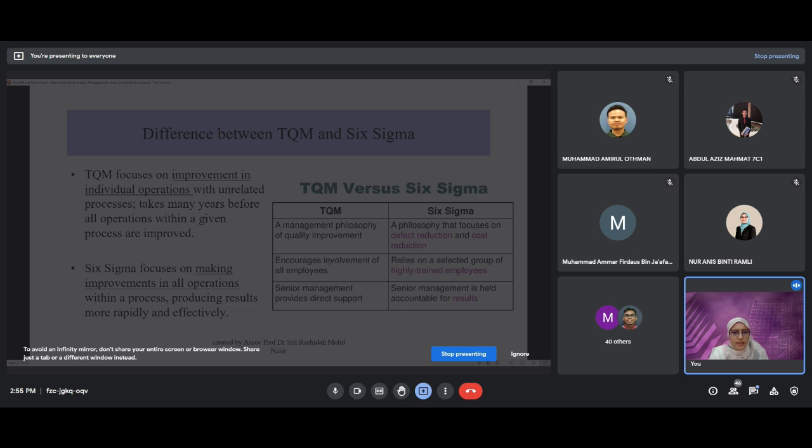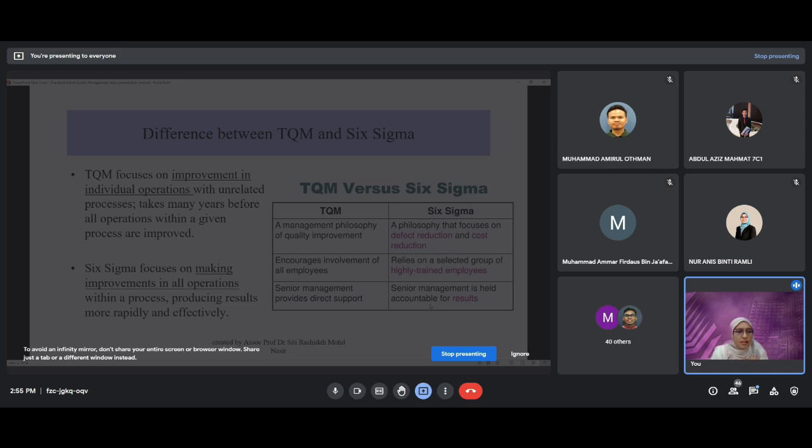Total quality management encourages involvement of all employees, but Six Sigma is only for selected groups of highly trained employees, not everyone involved. In total quality management, senior management provides direct support, but in Six Sigma, senior management is accountable for the results. So those are two different approaches.